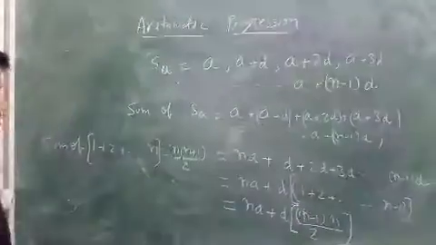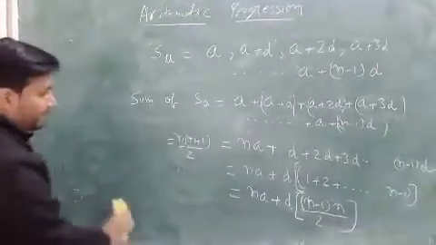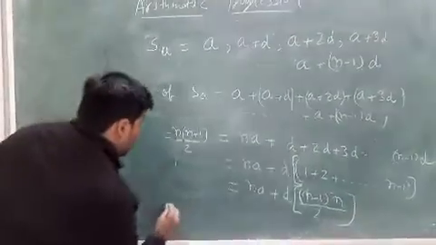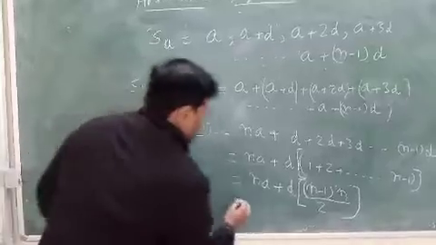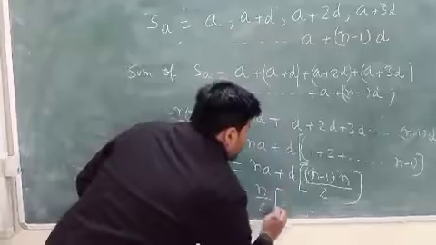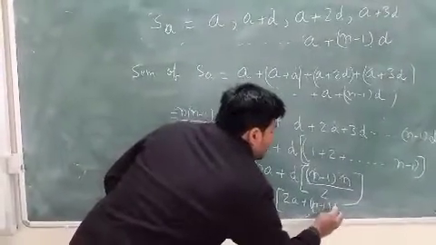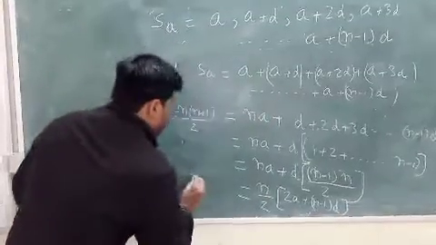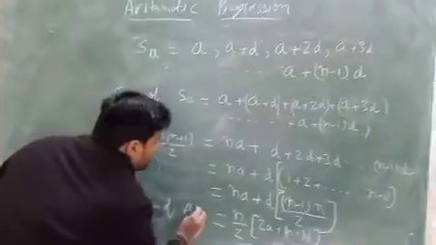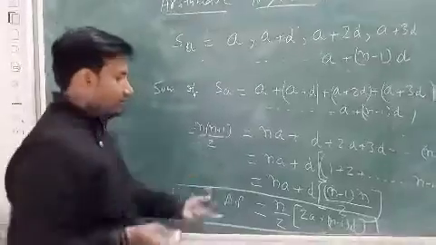So what does the formula come out to be? It comes out to be n by 2 into (2a plus (n minus 1) into d). This is the sum of an arithmetic progression.